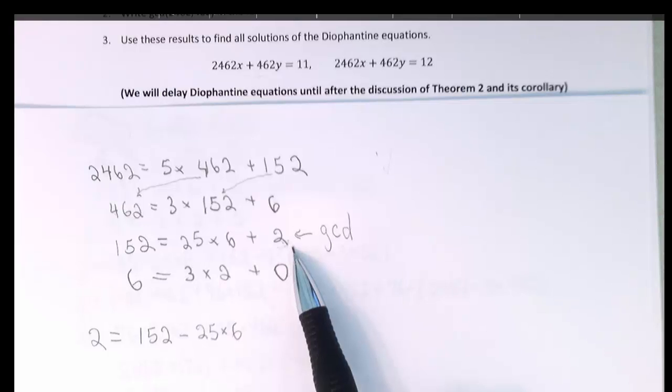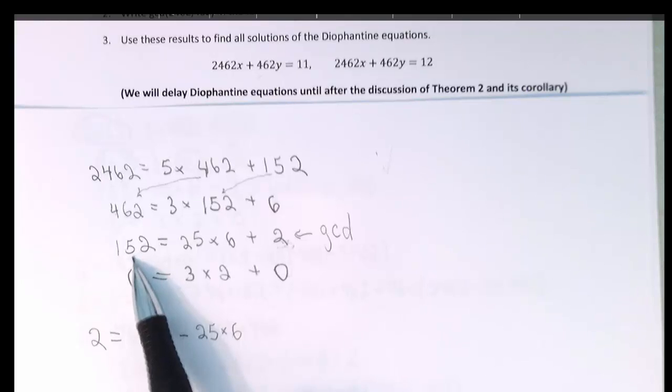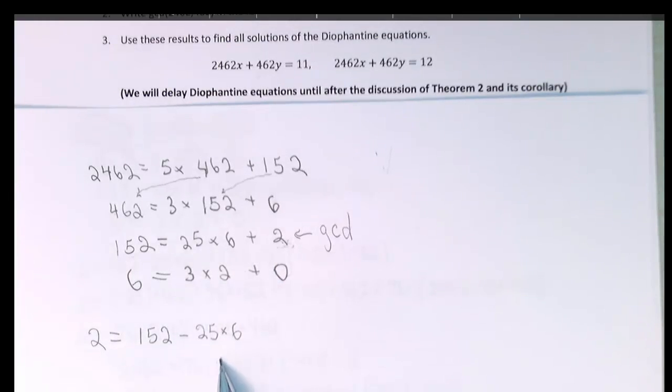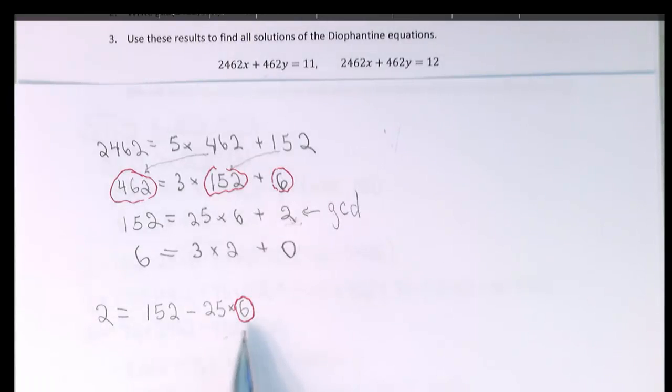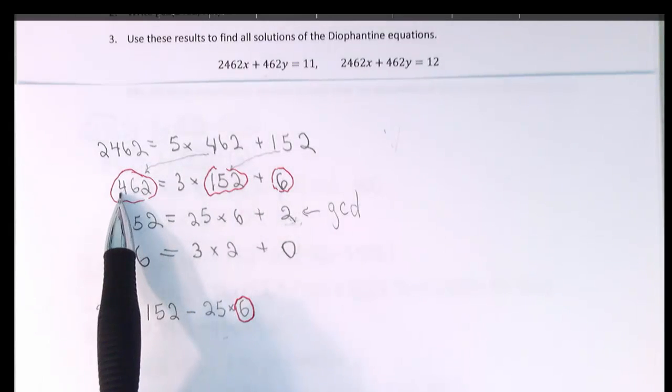Now, our line that has the greatest common divisor can be reordered so that it gives us the greatest common divisor in terms of the last dividend and the last divisor. We've written that here. Now observe, we could do that with the previous line as well. This 6 can be written in terms of 152 and 462.